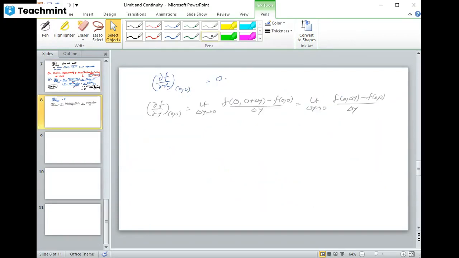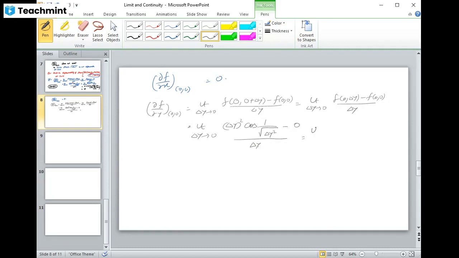So if we substitute its value here, then this is limit delta y tends to 0, delta y square into cos of 1 upon square root of delta y square, and f of 0, 0 is 0, upon delta y.